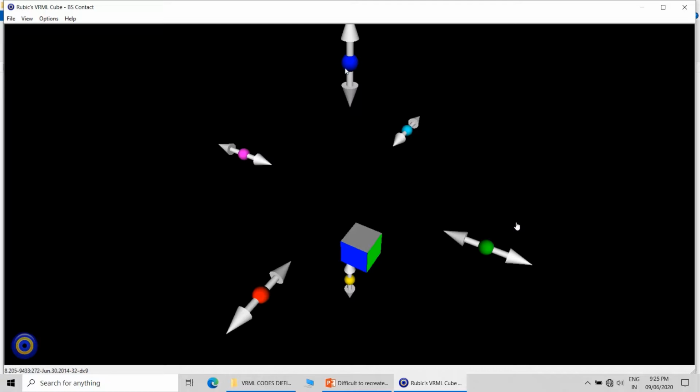If you have a very deep knowledge of VRML programming, then probably you may be able to recreate it. But I found that this was very difficult to recreate.